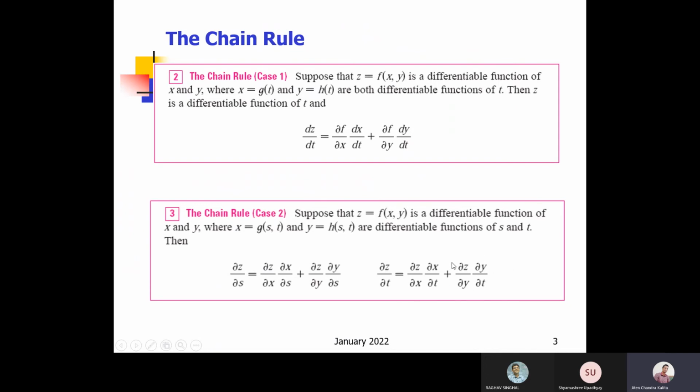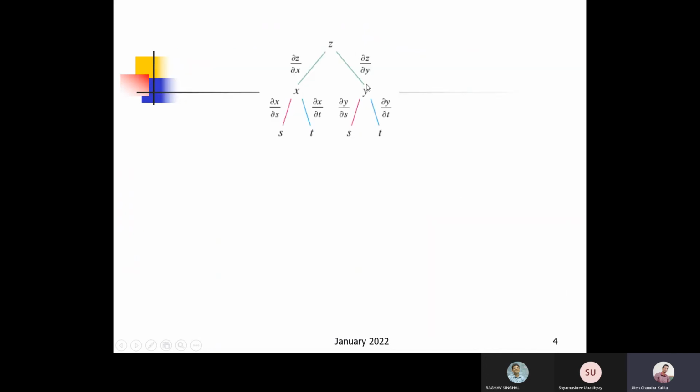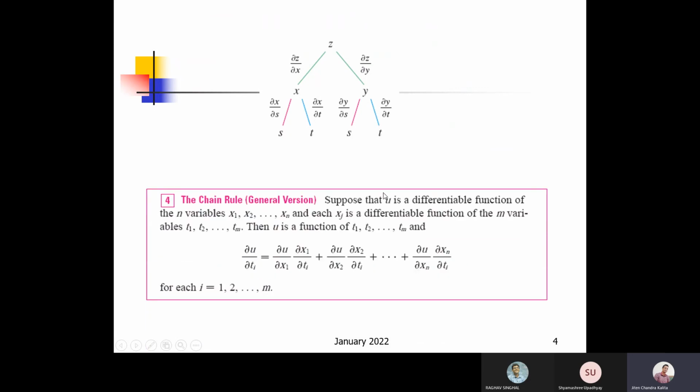So this is what happens, and then this is the tree that I was talking about, and then this is the general version of the same rule, and of course see here that the original function u has to be a differentiable function of those n variables, and again each of those independent variables as functions of another set of independent variables must also be differentiable. That assumption has to be made, otherwise it is not possible. Okay, so then this is what happens. I have already explained it to you.